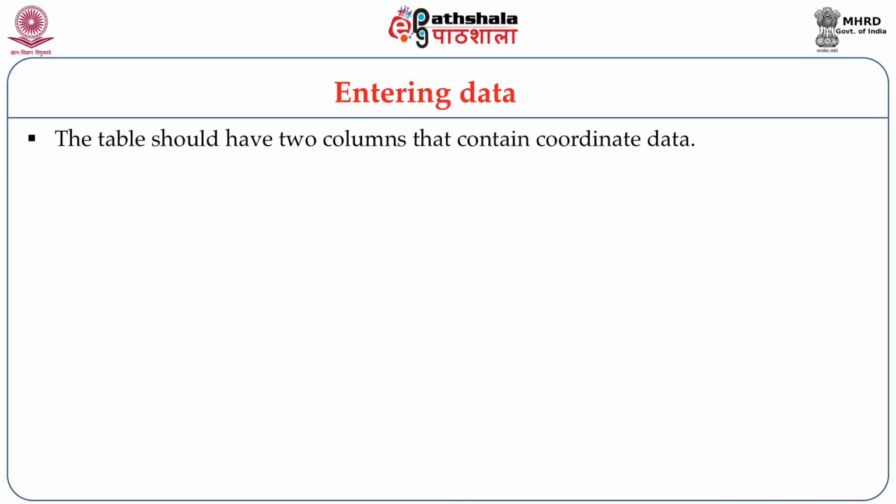Once we enter the attribute data, we have to save it in CSV comma separated format to be used in GIS programs. So a table containing this GIS data should also have two columns that contain coordinate data. The GIS data has to be attached with the positional data or the spatial data, which is known as the coordinate data, that is the longitude and the latitude.